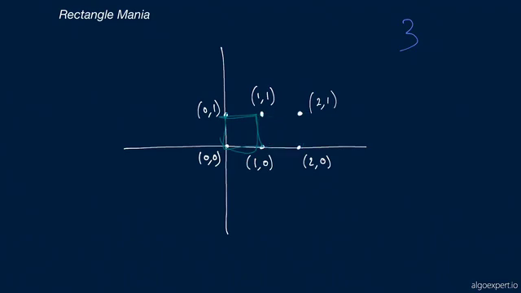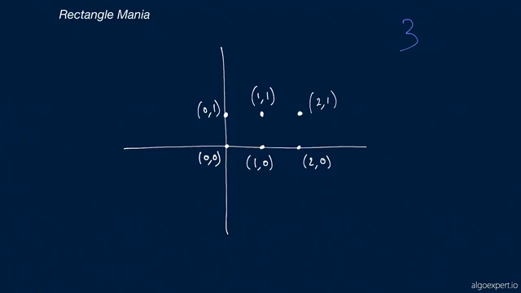Now, we're going to be covering 3 different solutions, so a lot of different ways of solving this question, but the key to solving this question is to realize that in order to have a rectangle, we need to have 4 corners. And if we use that as our guiding principle, things start to become clearer.